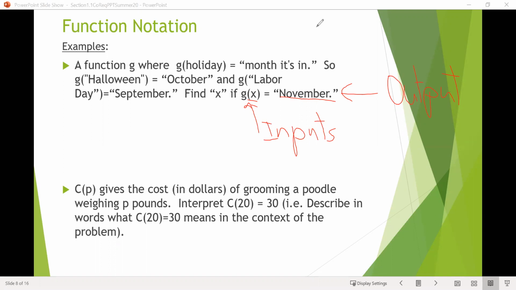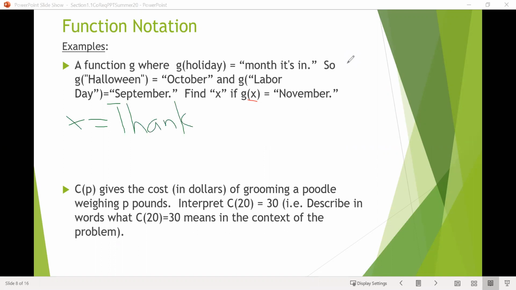We need to find the input, or inputs, that would give us November. Holidays that are in November is really what we're looking for. Perhaps the first one that may come to your mind is Thanksgiving. Okay, but are there others?